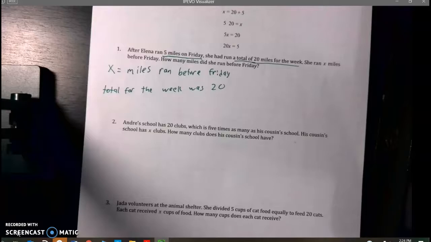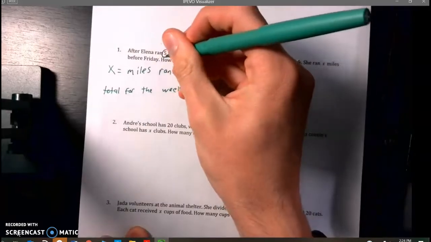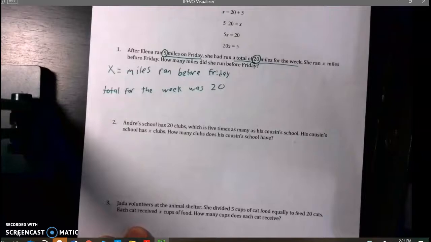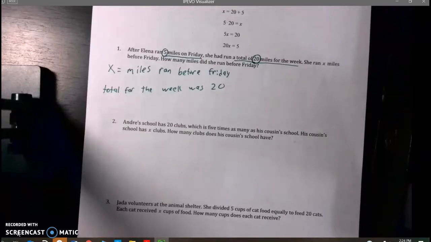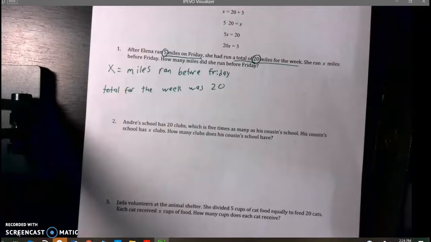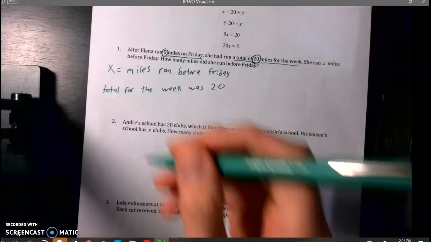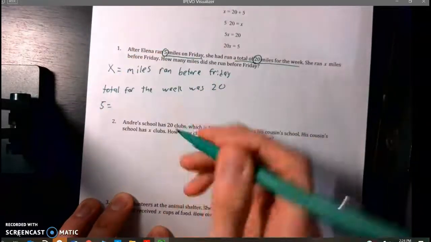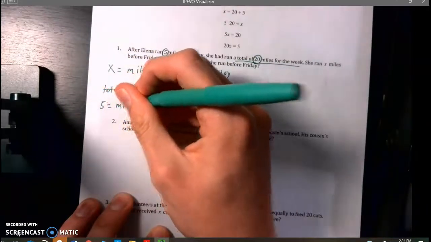So we are paying attention to the important numbers. We're circling the numbers and underlining the labels that go with them. And then down below here, we're creating this key. So X is the miles ran before Friday. 20 was her total. And 5 is the miles she ran on Friday.